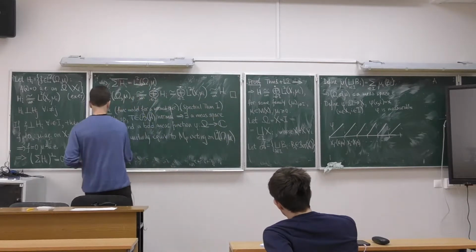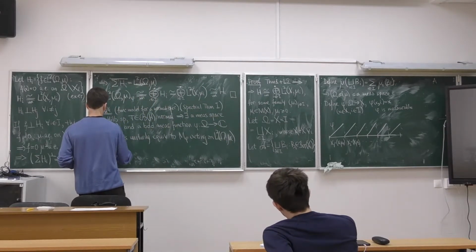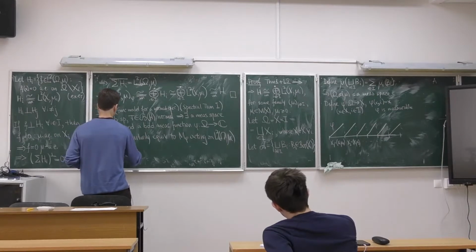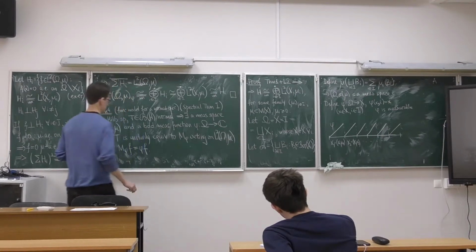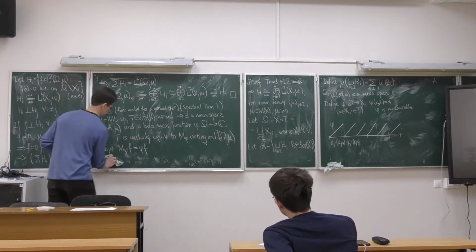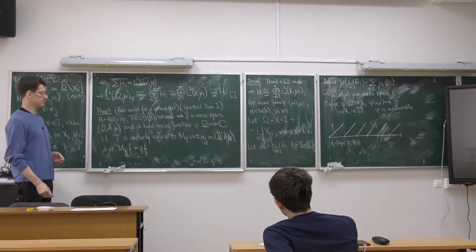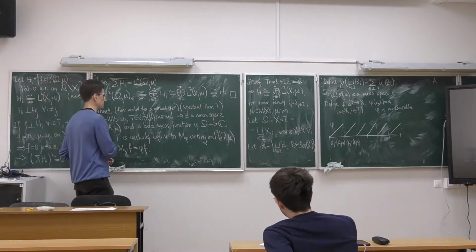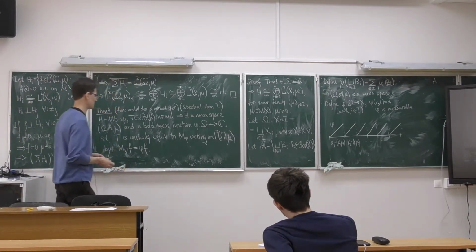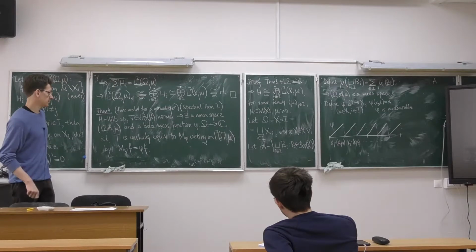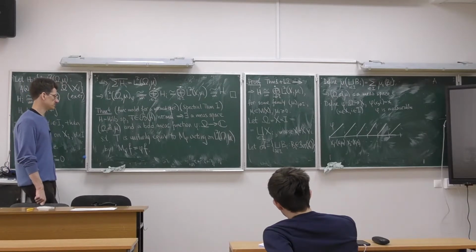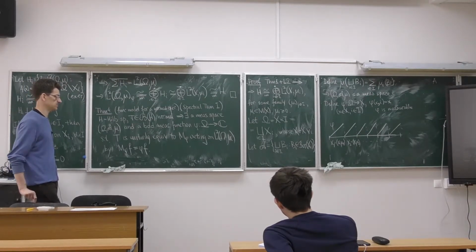So it acts as multiplication by phi. So this is our functional model. So we see that each bounded normal operator is unitarily equivalent to the multiplication operator on a suitable L2 space.